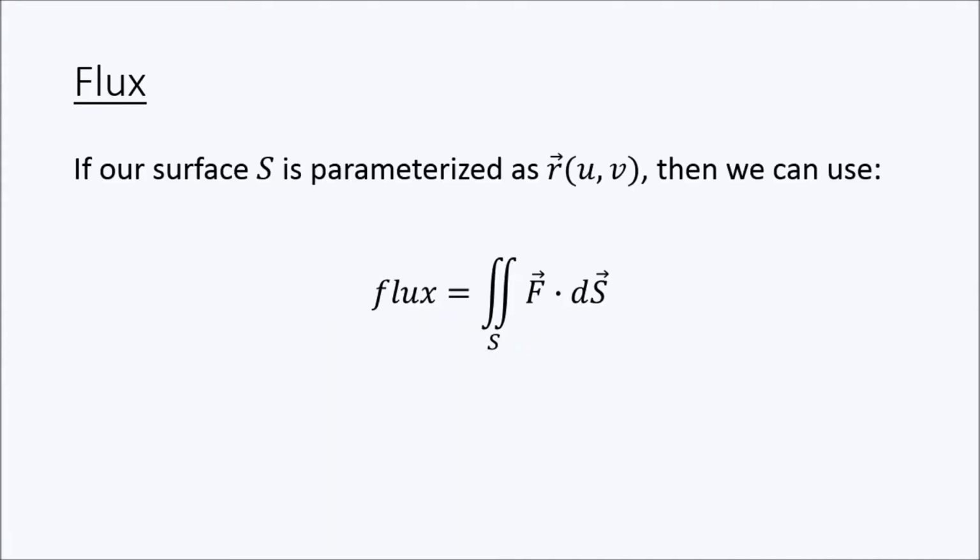Probably the second most popular way we describe flux is that if our surface is parameterized as a vector function, we can actually rewrite flux as just F dot dS. And again, remember, dS means we're taking the derivative of our vector function. And just for the same reason we mentioned with the gradient, we know that the gradient is normal.